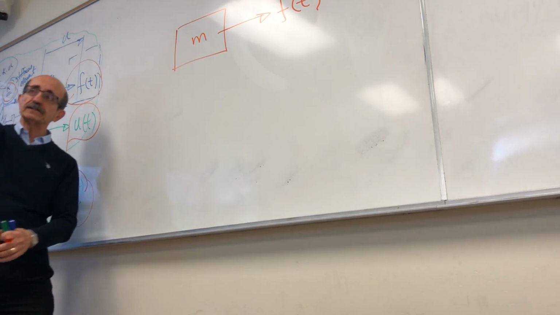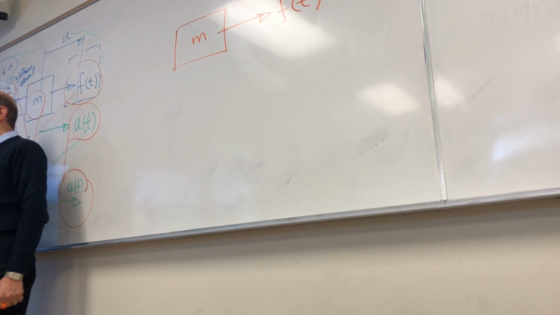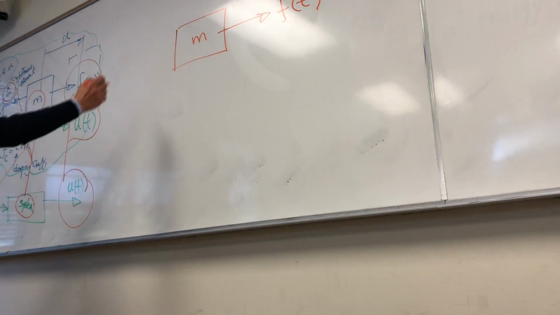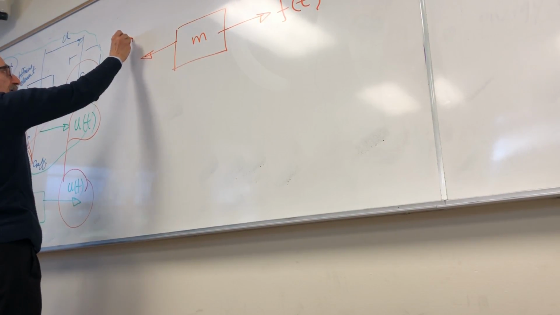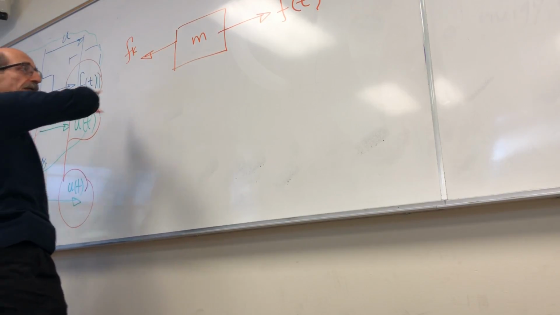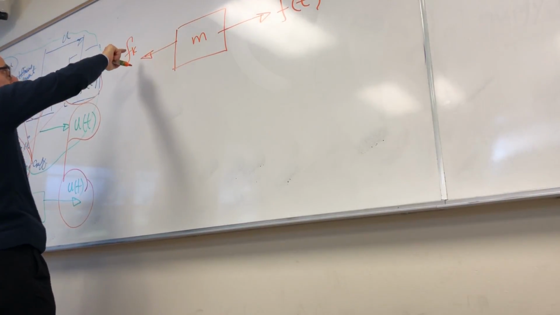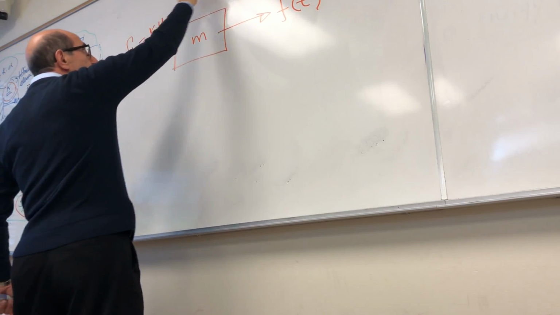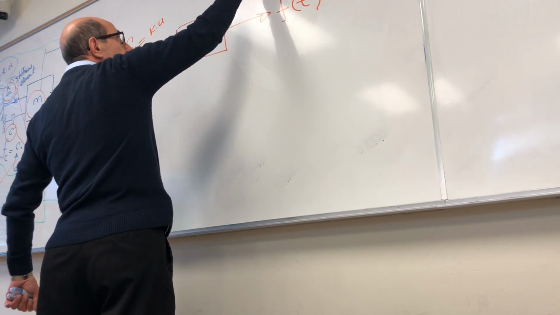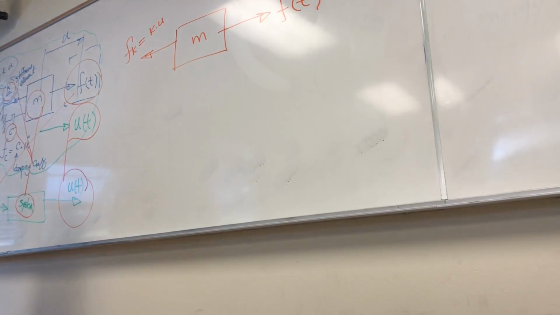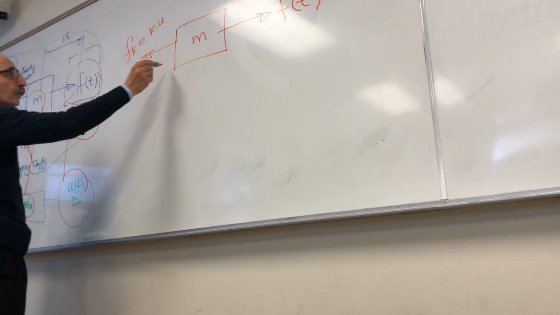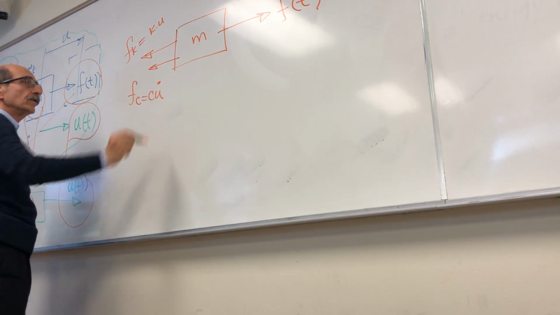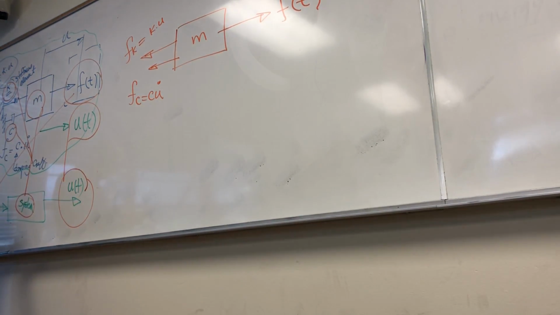Then you put back the effect of all the forces that are acting on this structure. This is the external force. You have a force that is resisting its movement in that direction, resisting the deformation as it experiences a displacement, and another force, which we call the damping force.